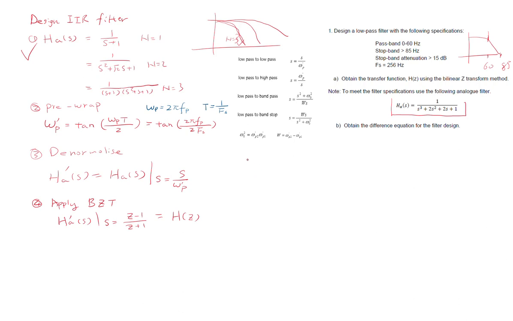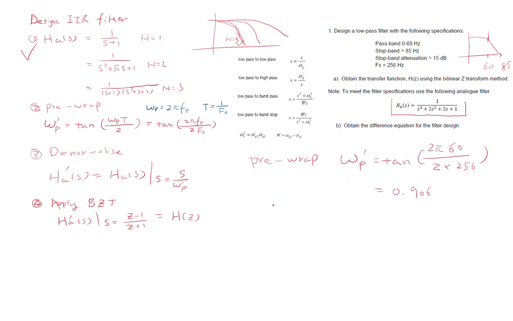So we're gonna do pre-warp, and we know that omega p hat equals tangent of 2 pi fp, where this fp we know is 60 Hertz, divided by 2 multiplied with fs, 256. You plug in the numbers and you will find this equals 0.906 something.